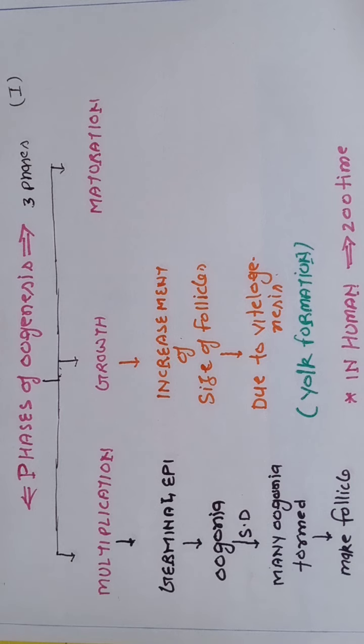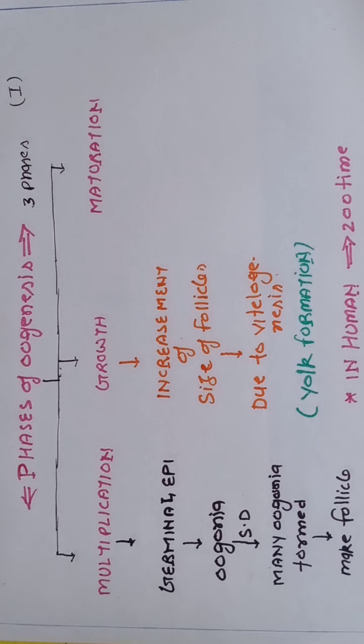It means at the end of the second month, the number of primary follicles in the embryonic state is 6 lakhs. After that, at the end of the 5th month, we find that the number of primary follicles is approximately 7 million.